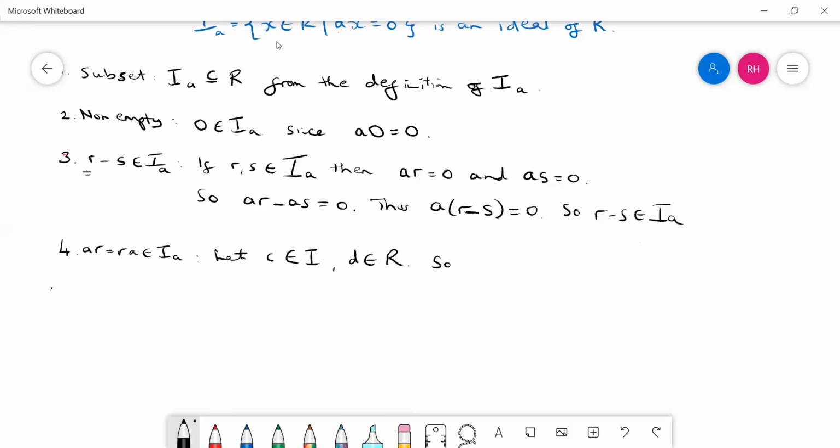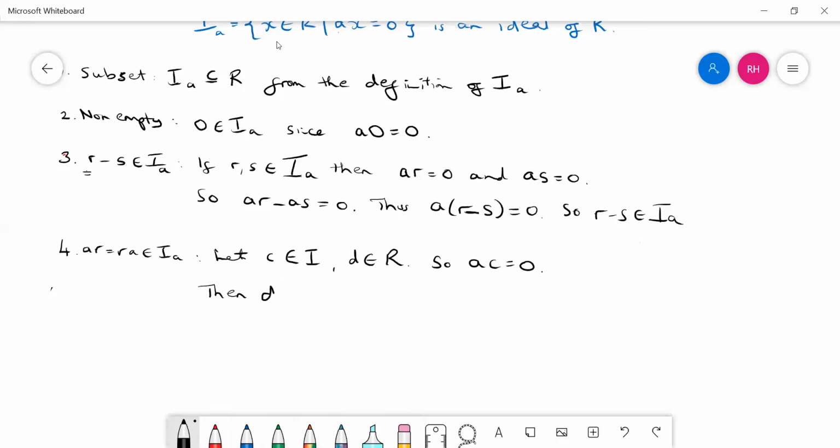So what does it mean here for C to be an element of I? It means that AC equals 0, because that's what follows if C is an element of I. So let's rub that out and go then, not R, we're using D for the element of the ring.